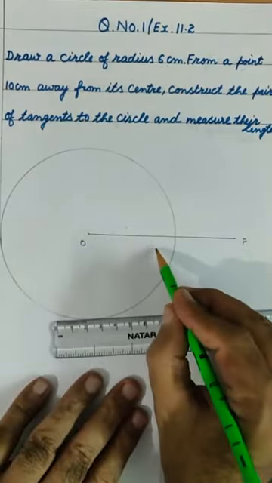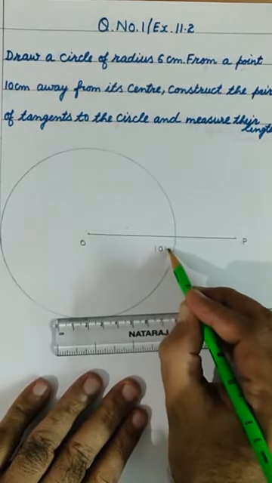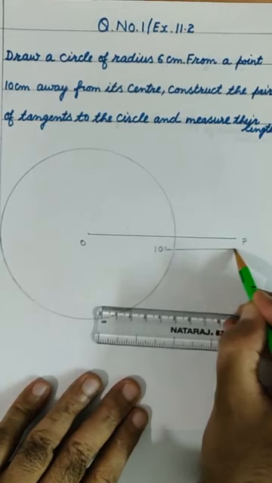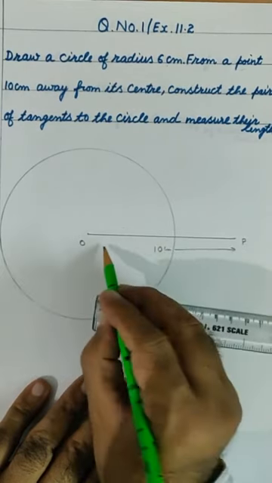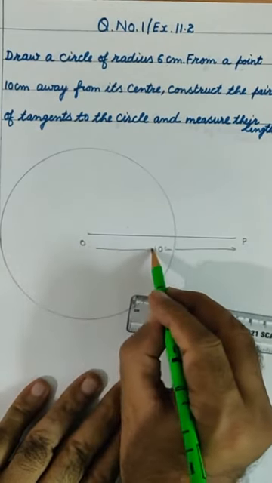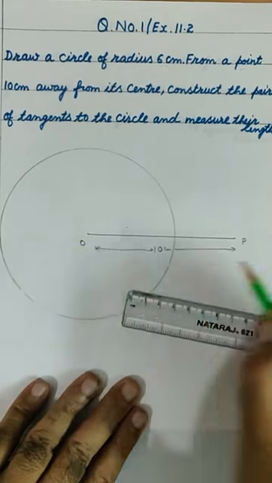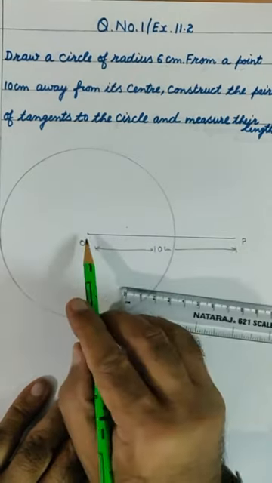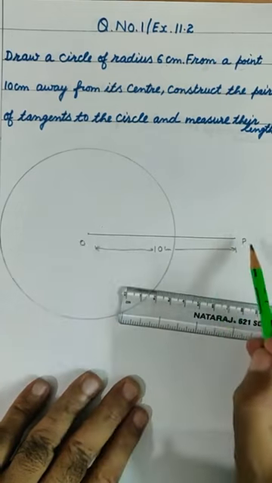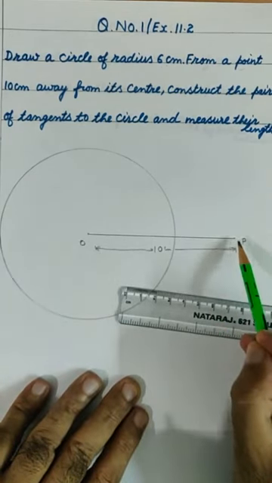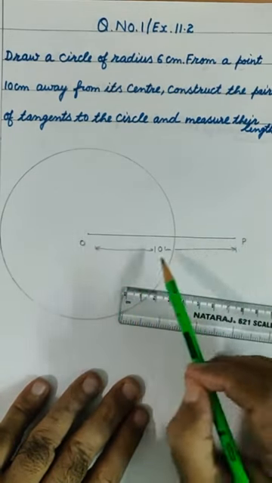This is 10 centimeter away. This is the length, you can say. This is OP, the distance of this point from the center O is 10 centimeter.